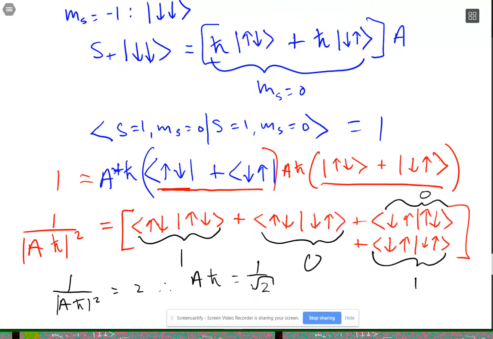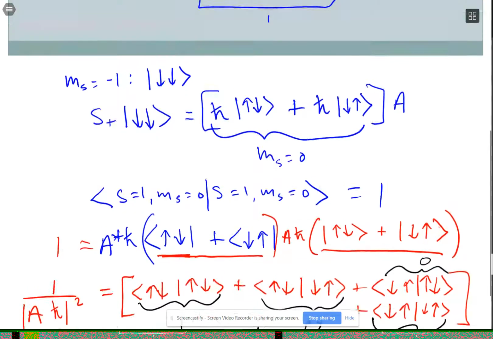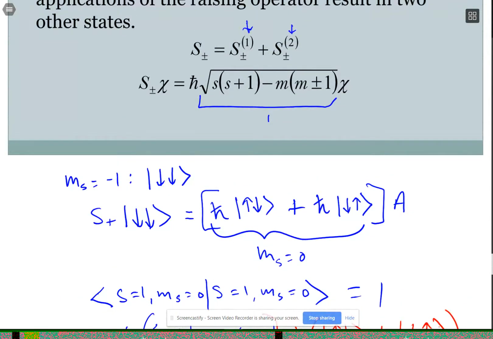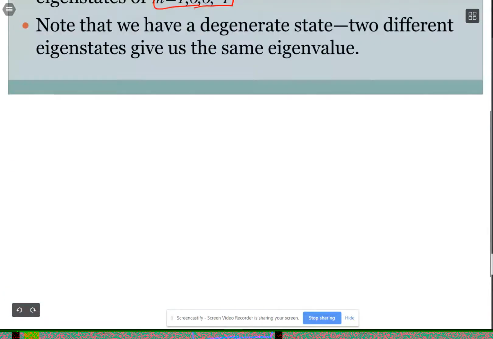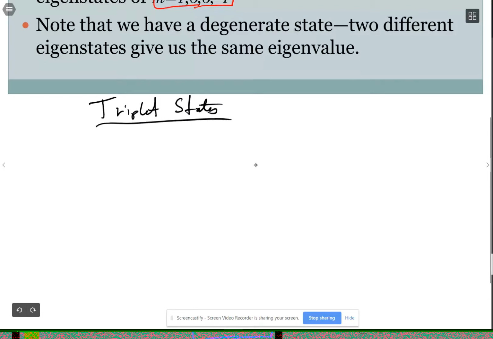And so my S equals 1, m sub s equals 0 triplet state I now have as, I'll put them here, triplet states. There's my m sub s equals 1.